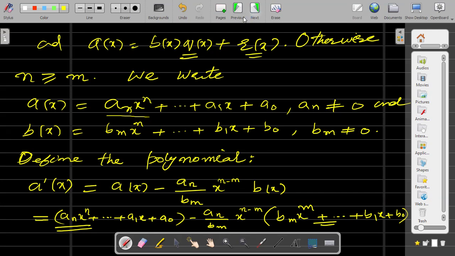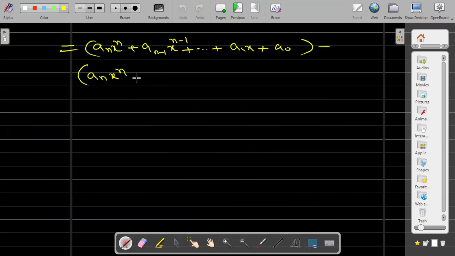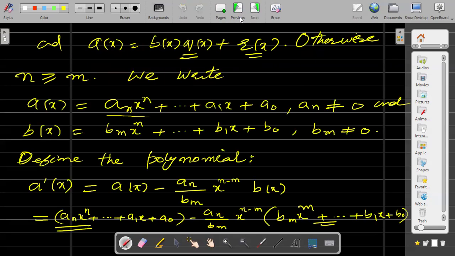Plus a_n by b_m, then we have b_{m-1} x power n minus 1, plus the last term. What's the last term here? Last but one, it's a_n by b_m times b_1. Then we have x power n minus m and x, it will be x power n plus 1 minus m.